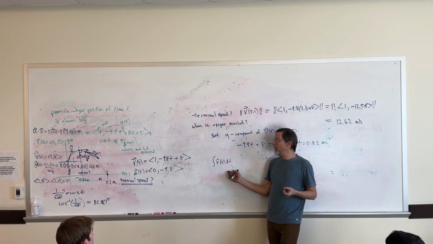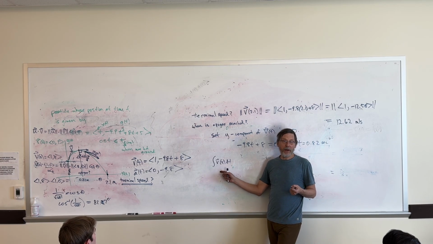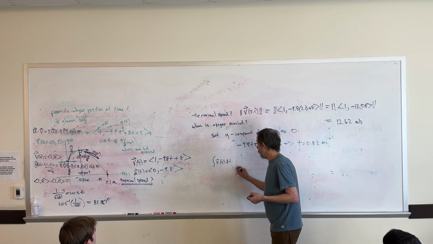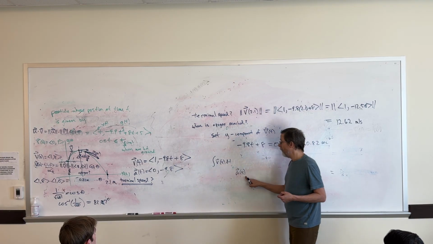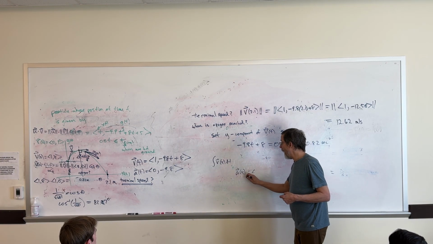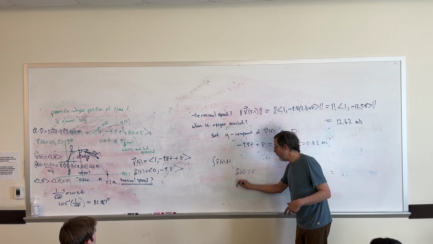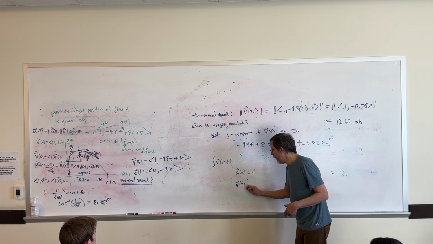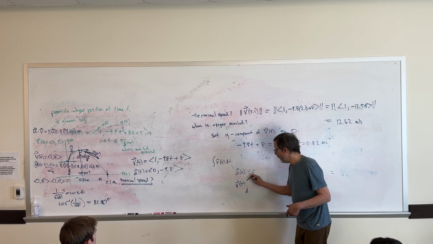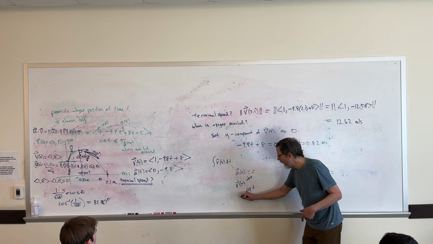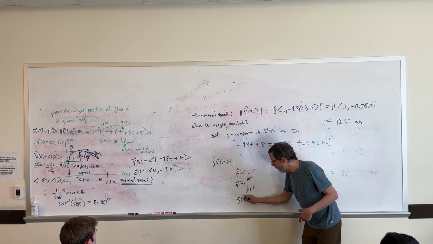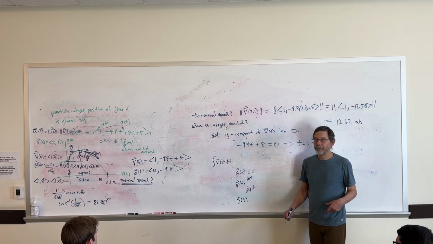I would recommend reading through the example in there where they give you an acceleration vector, and then they ask you to integrate that to go to velocity, and then integrate that to go to the position vector.